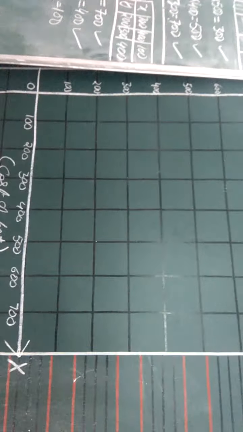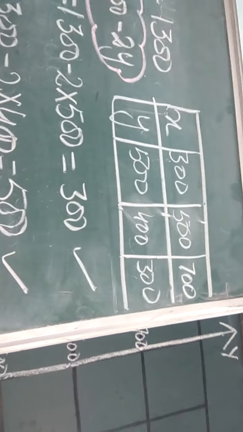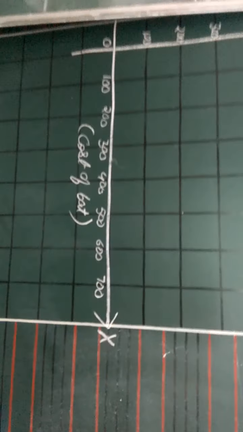Now dear students, let us start plotting. Let us start with the first column. In the first column, x is 300 and y is 500. So we have taken x, the cost of the bat, and on y, the cost of one ball.